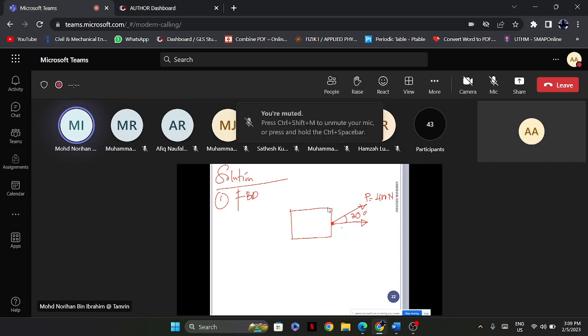So we need to break it down into the component of X and also Y. So this is X, Y is our positive sign convention of this analysis. So it will have the tendency to accelerate at an acceleration of A, and the velocity of V in this case to the right one.